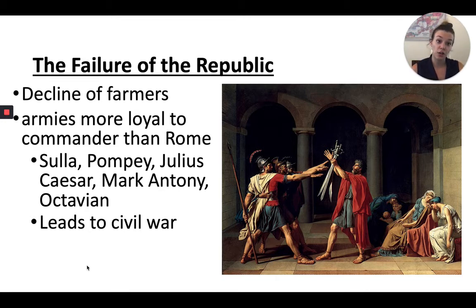So they are going to use cheap labor, slave labor, right? They're going to get slaves from all these conquered lands to work on these massive estates instead of hiring locals, which is going to disenfranchise many small farmers. So many of these poor farmers will have to leave their homes, sell their family farm, and move to Rome, move to a city to try and find work.